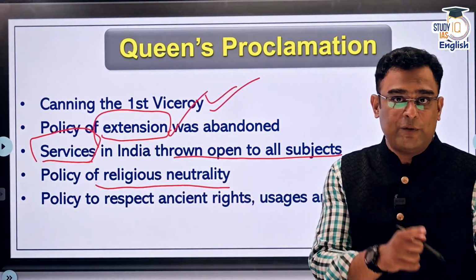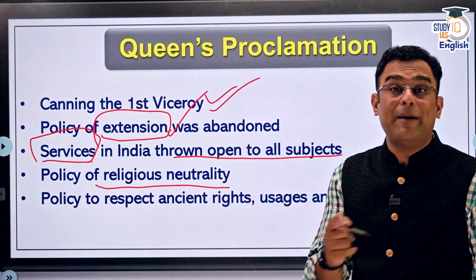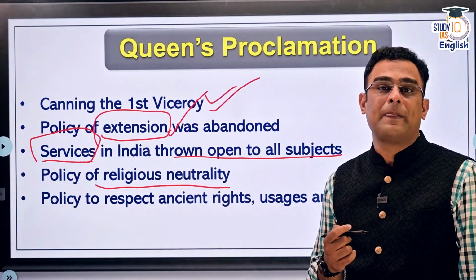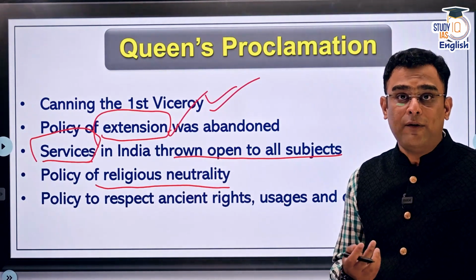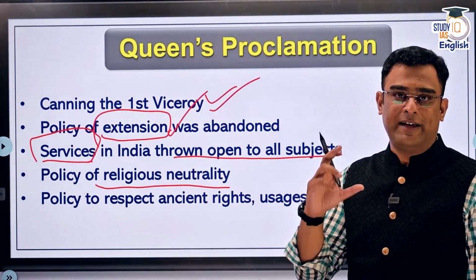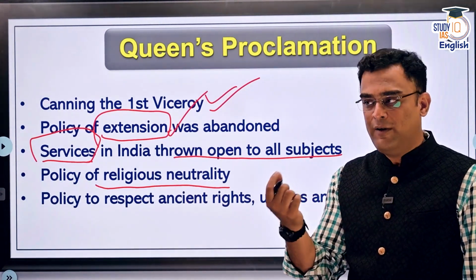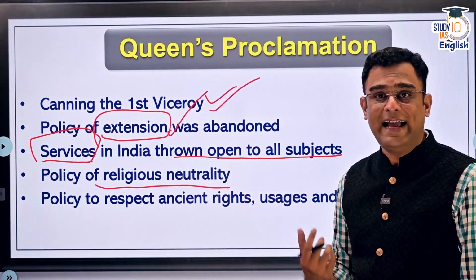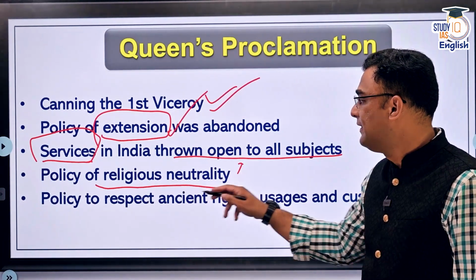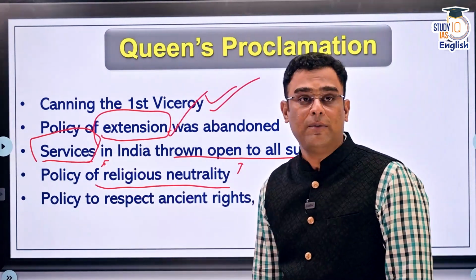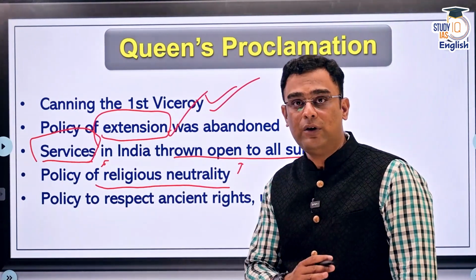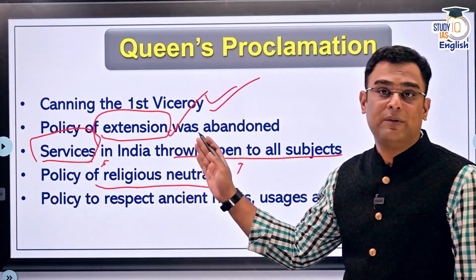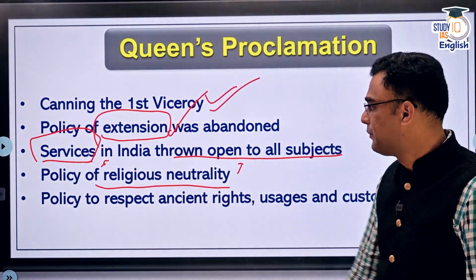The socio-religious reform movements were seen as being abetted by the Britishers. You know the famous episode of cartridge cases being made of fats of cows and pigs. That made Indians very angry. Britishers realized that Indians are very sensitive about matters of religion and therefore they promised neutrality in this aspect.